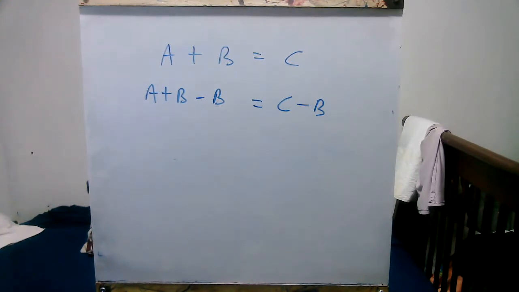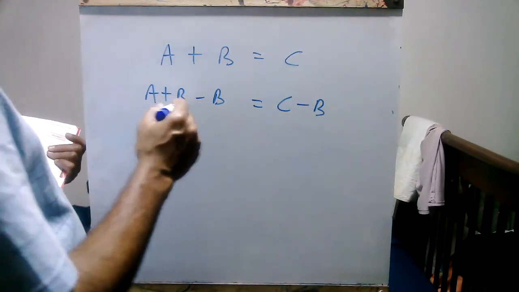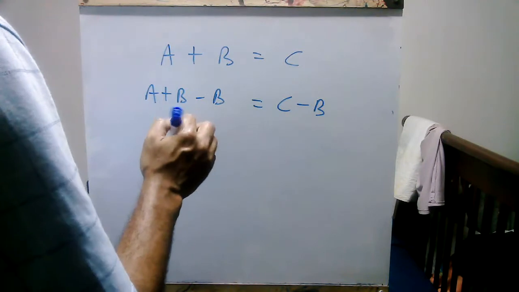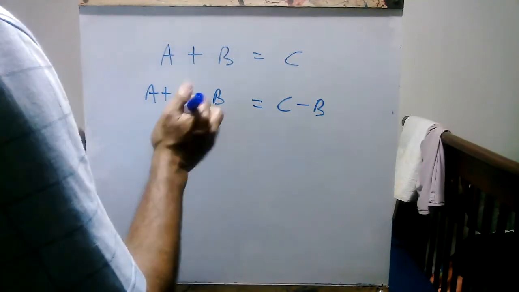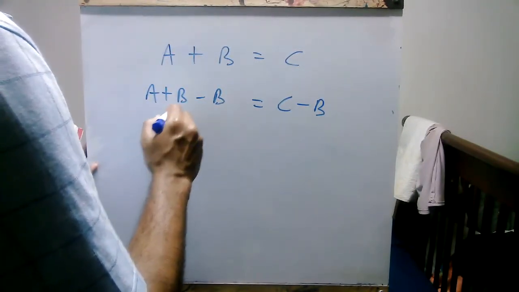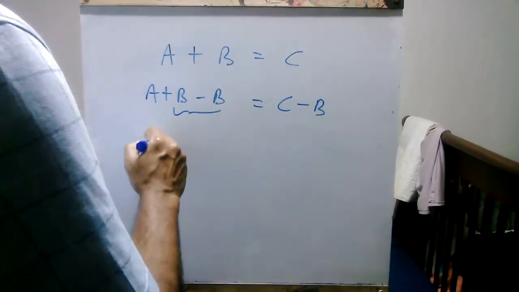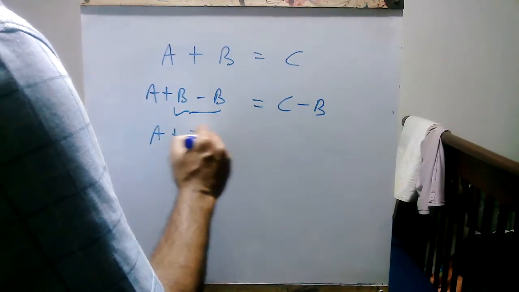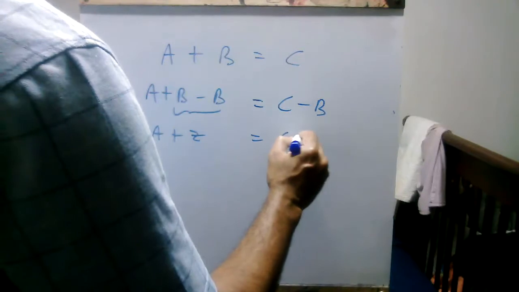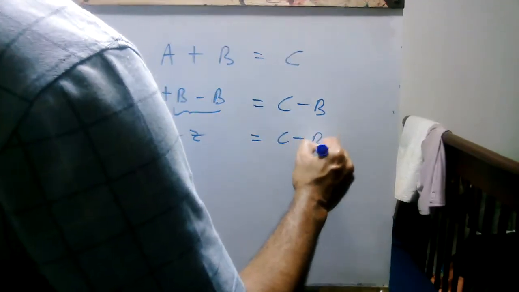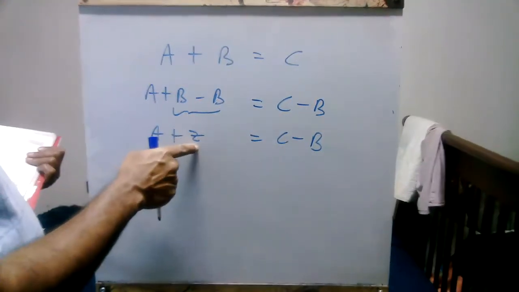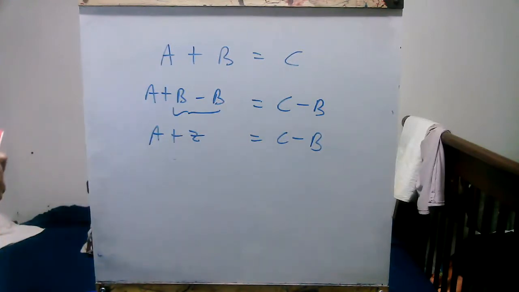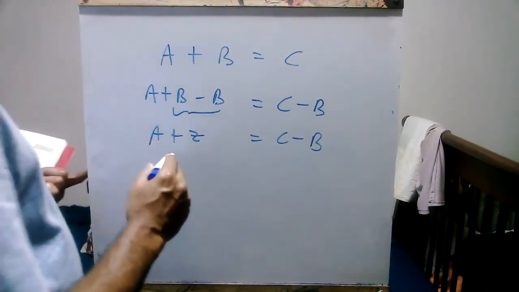Now we saw when we do this, it is the zero matrix. A plus Z equal to C minus B. If you add the zero matrix to any matrix, it gives us the same thing.